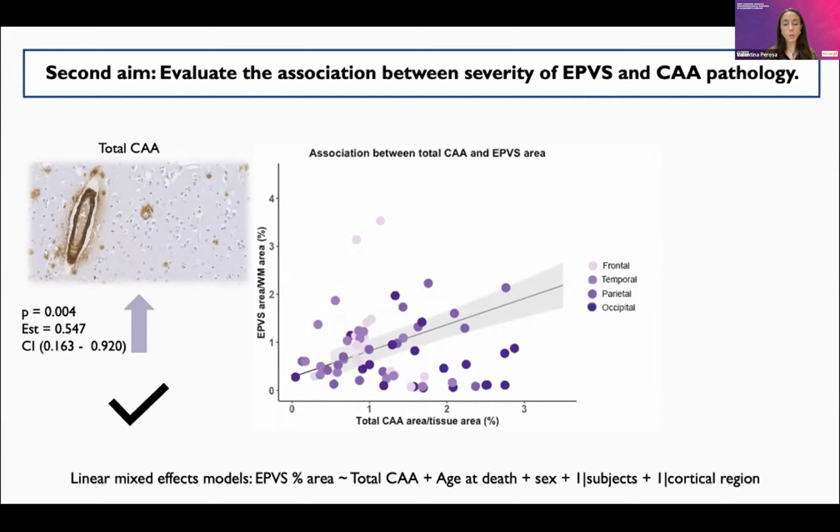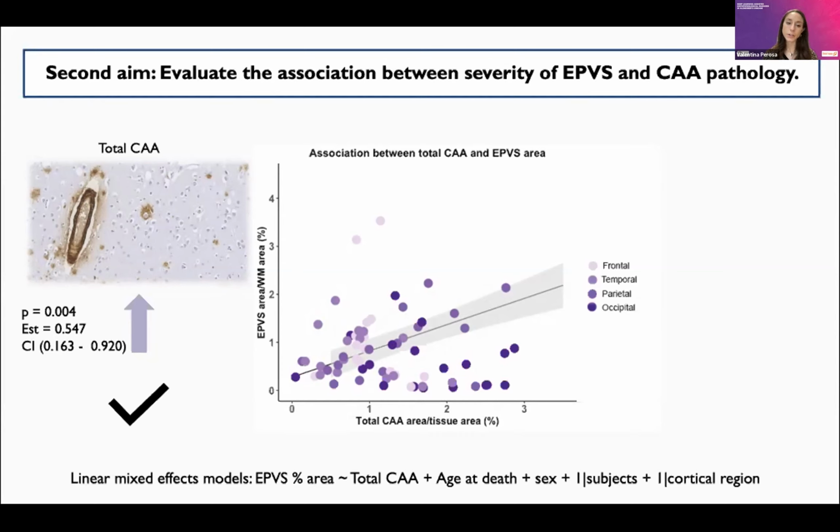And what we saw, by using linear mixed effect models, setting subjects and cortical region as random variables and always sex, age, and age at death as fixed factors, was that the total percentage area of CAA was related to the percentage area of the enlarged perivascular spaces on histopathology.